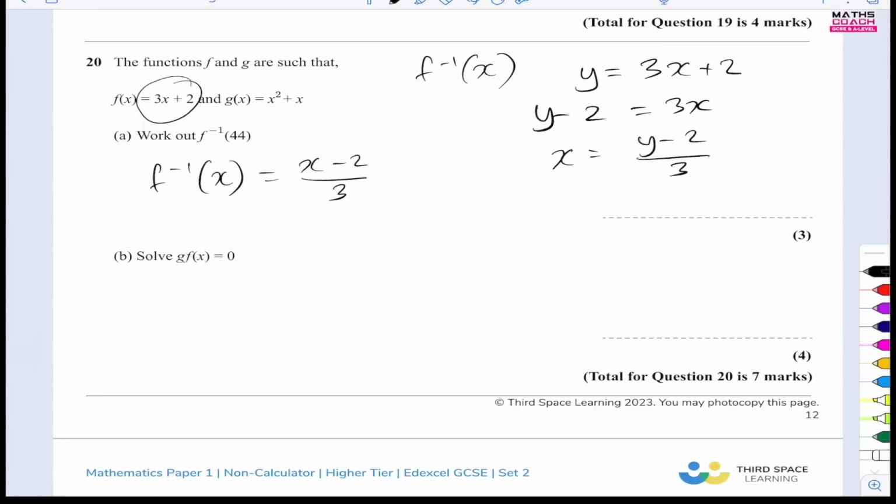Okay, so that's the inverse. But the question asked me to put in 44, where the x is. Okay, so where my x is, I put in 44. So that will be 44 minus 2 over 3. No calculator, remember. So 44 minus 2 is 42, and 42 divided by 3 is 14. So your answer to f inverse 44 is 14.